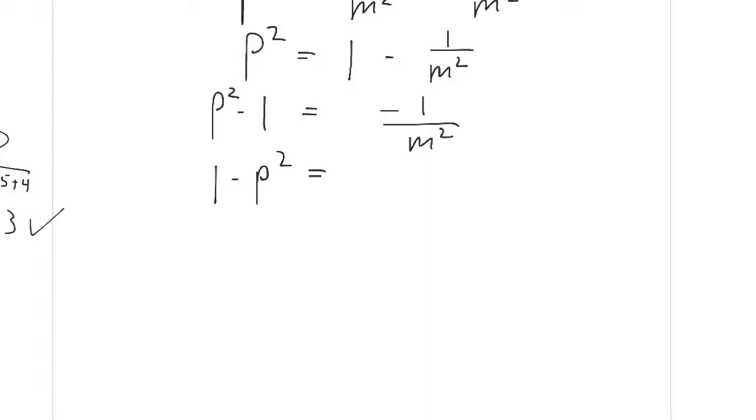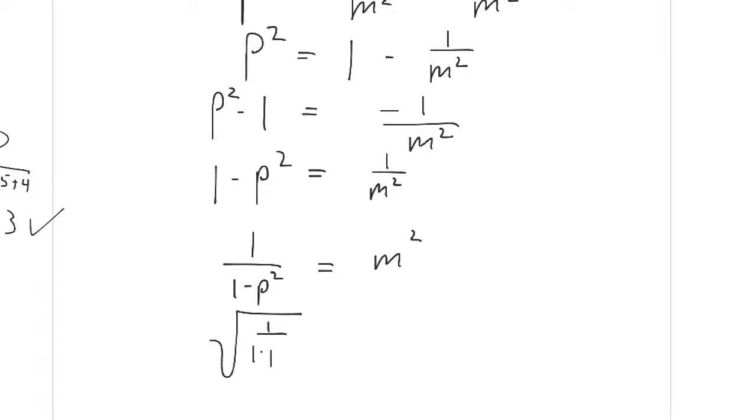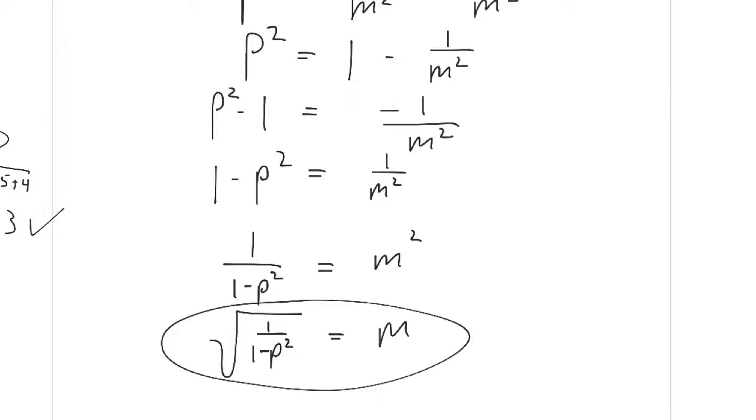I'll multiply all the terms on both sides by negative 1, so the p squared becomes negative, the minus 1 becomes positive, and then I'll take the reciprocal of both sides. As a last step, I'm going to take the square root of both sides, and I get the square root of 1 over 1 minus p squared is equal to m. There it is.